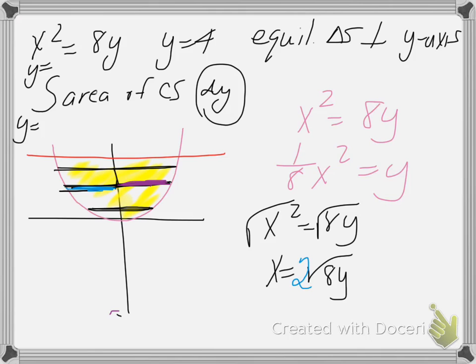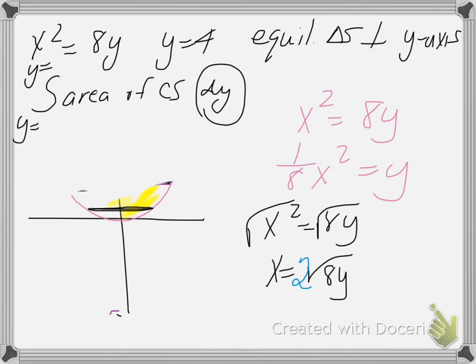Okay, so now knowing that, I'm going to erase this picture to make some room. Oh, well, before I erased, you can go back and look at the picture. I know what my y's are. And my y's are going from 0 to 4, based on our picture. Okay, so I need the area of the cross-section.